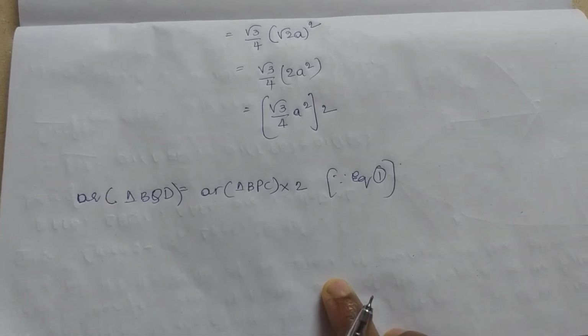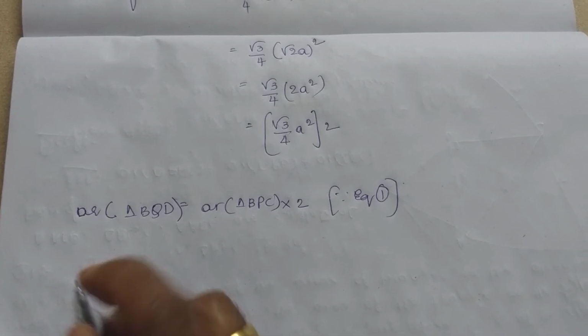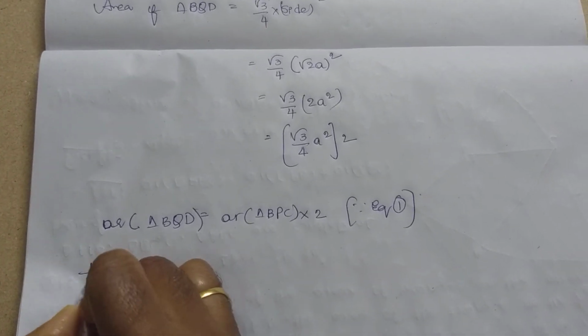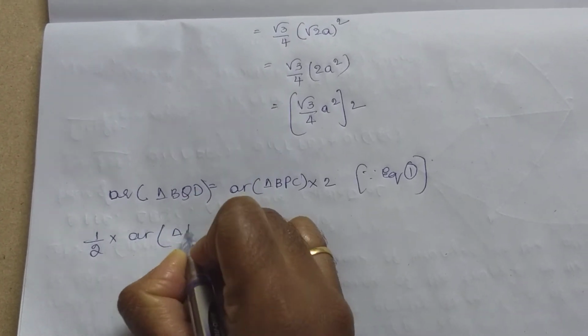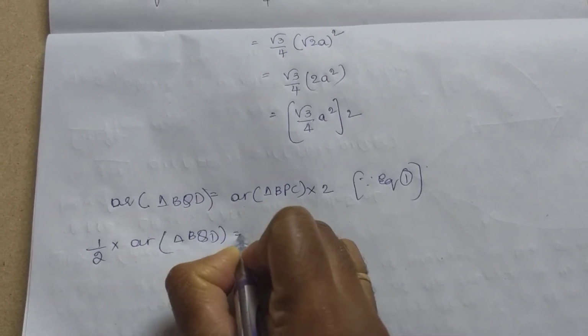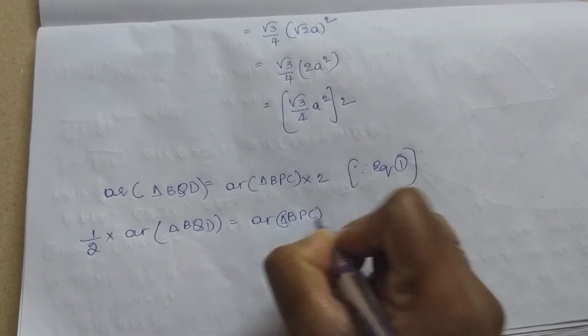In the next step I'll send this 2 to the left hand side. So it becomes 1 by 2 into area of triangle BQD equals area of triangle BPC.